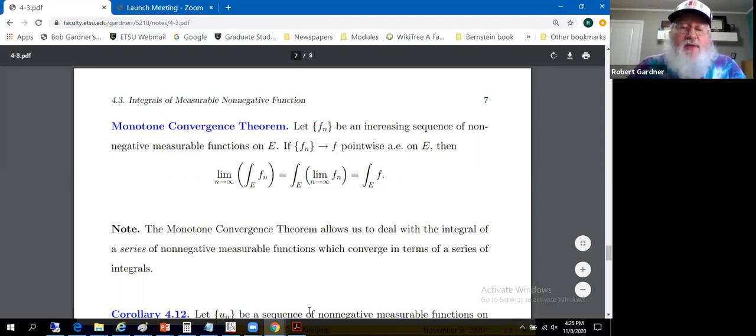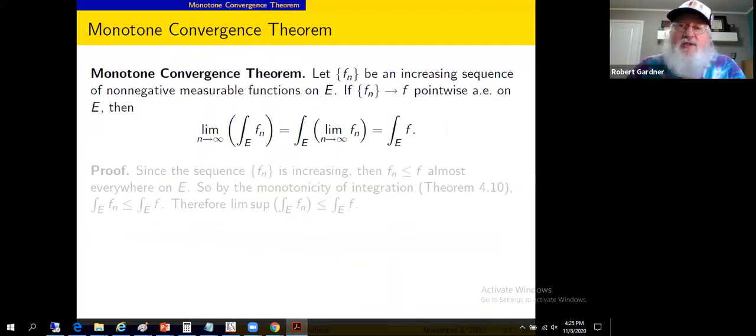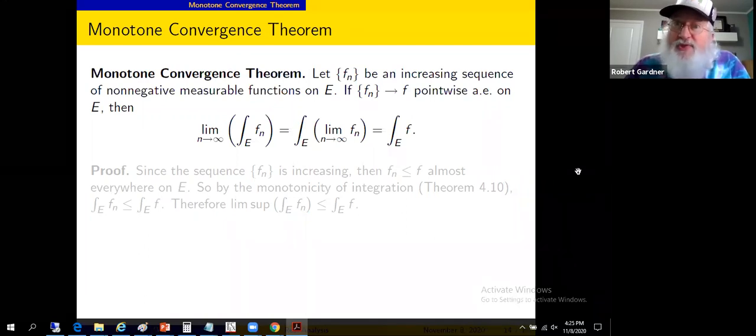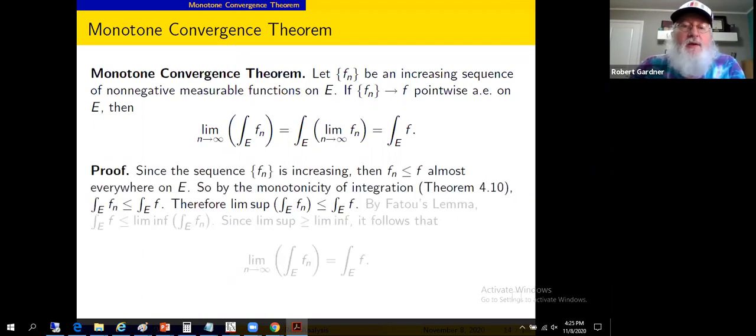Let's go through the proof of this. Some of these proofs are lengthy and not too joyous. This one is one slide. So this is actually easy because we now know a bunch of stuff about this class 2 of functions. Okay, the sequence f sub n is increasing. So the limit is greater than or equal to any of the f sub n's values.